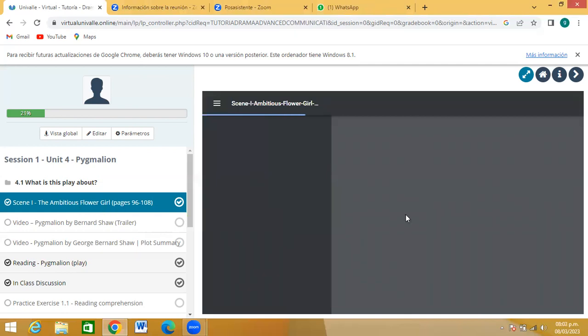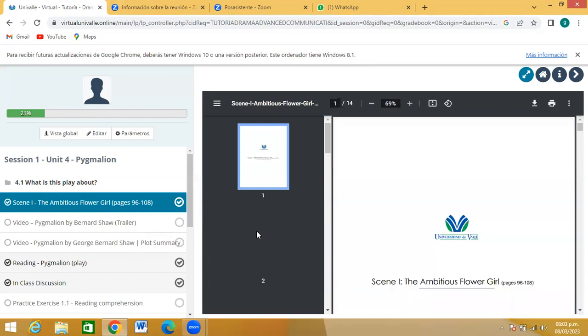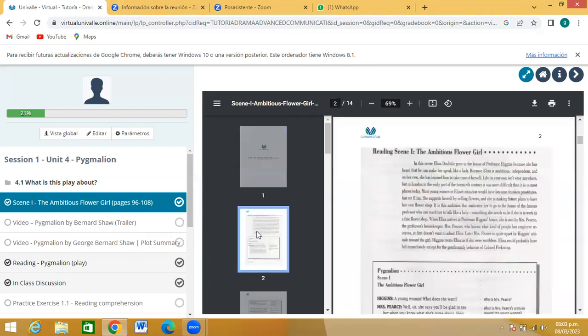It's related to a girl that has the same title, she was so ambitious, right? We're going to read just some paragraphs to identify who was that flower girl. Can you see that? Yes, I see that. I also have it on my computer. Can you read a little bit from the beginning?